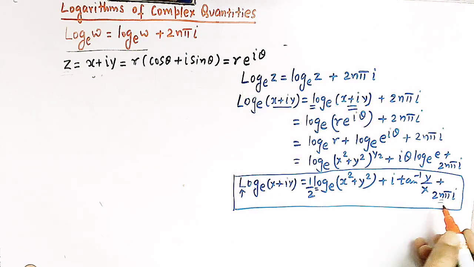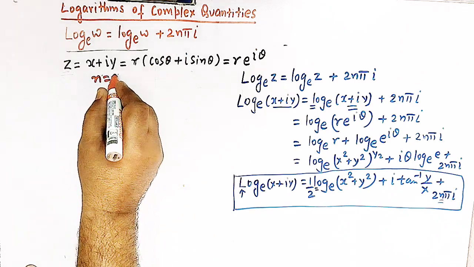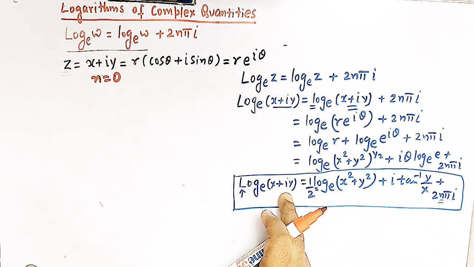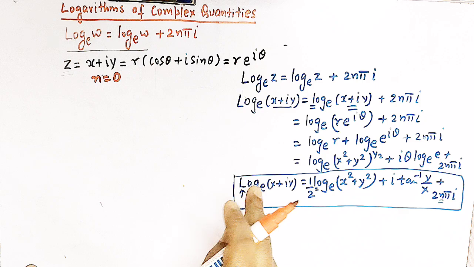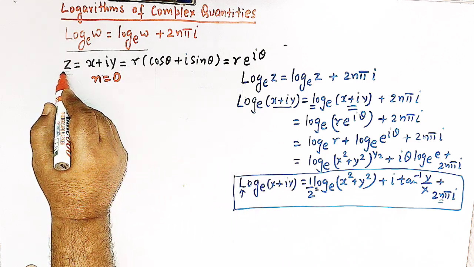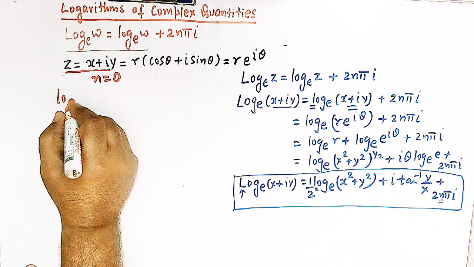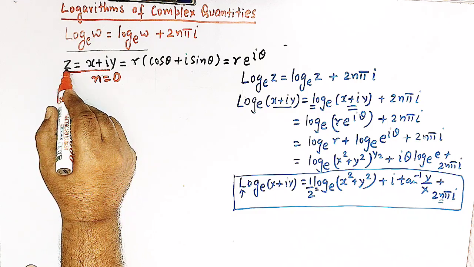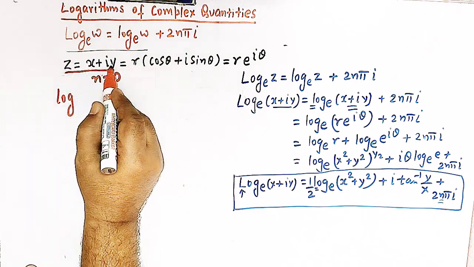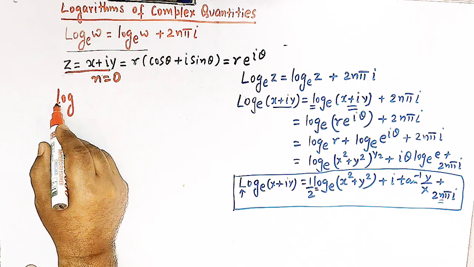So now if we take n is equal to 0 in this expression, then we get the principal value of the logarithm of this complex number. The principal value of the logarithm of z, or x plus iota y, is denoted by small l.